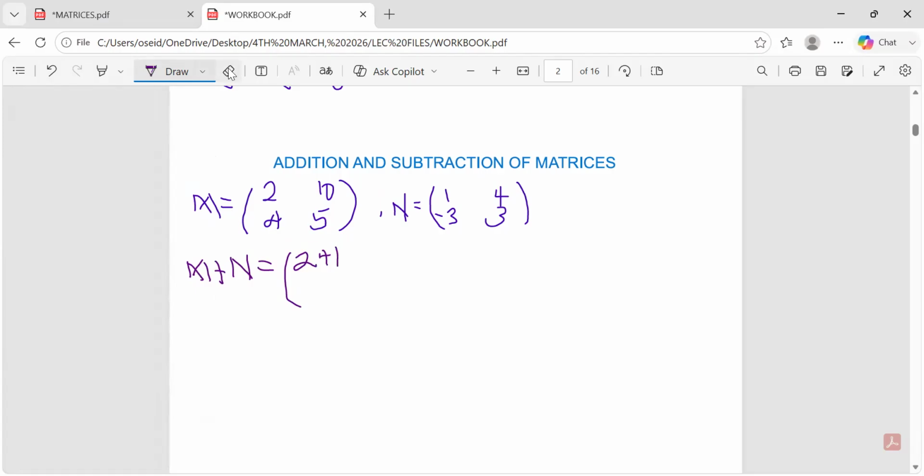Let's clean it and write it well. 2 plus 1. Good. Then we have 10 plus 4. Then we have 4 plus minus 3.